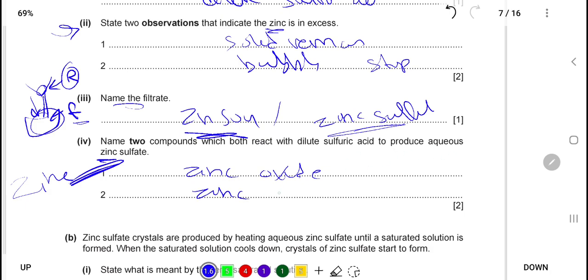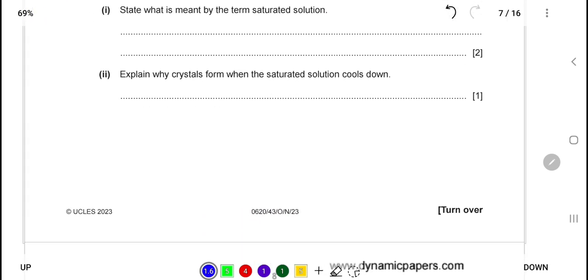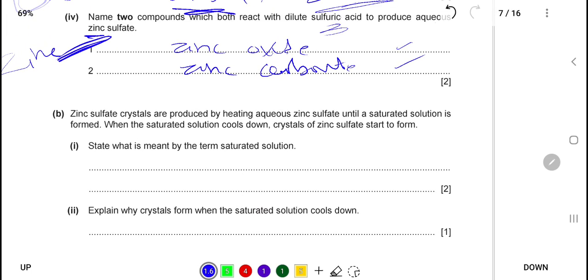You can also write zinc carbonate or zinc hydroxide, it will be fine. Zinc carbonate with sulfuric acid is going to give zinc sulfate with CO2 in addition, but the main thing is that it will give this. So these are correct.